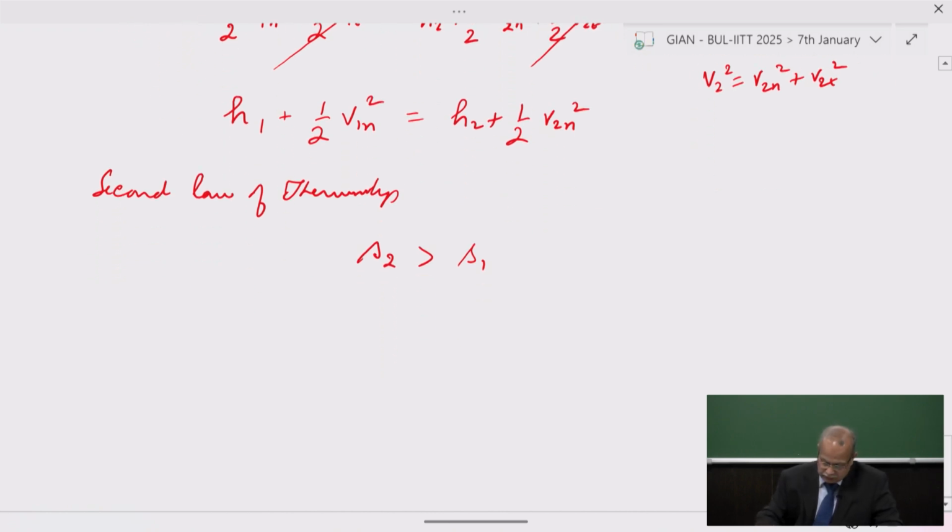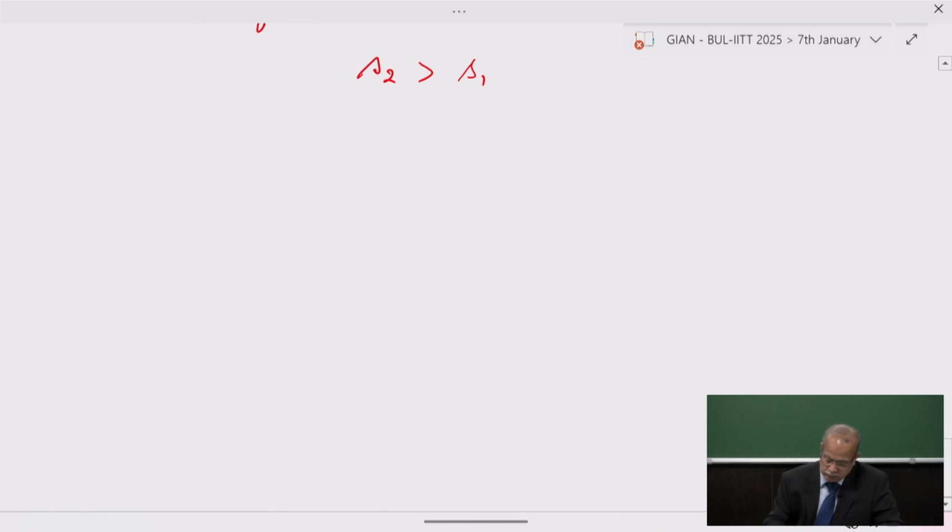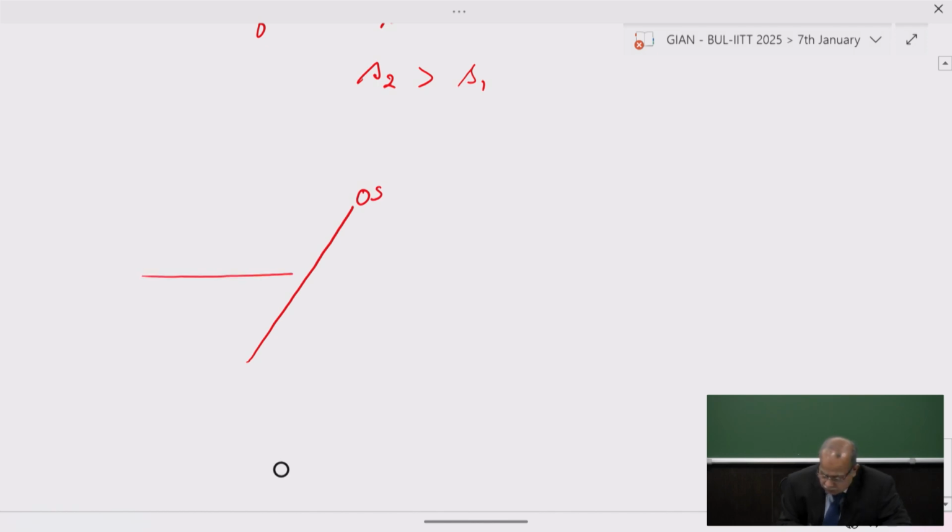Now, let me summarize the equations I have deduced so far for an oblique shock. When you have a flow encountering an oblique shock at an angle beta, which is basically the shock wave angle, the flow will pass through, but it will not go in the same line. The flow will turn by an angle theta, and it will move with the velocity v2, which will be reduced. The flow will be decelerated.